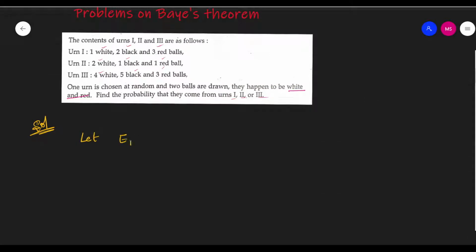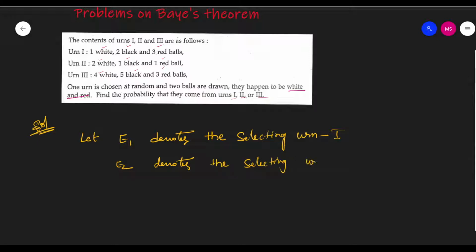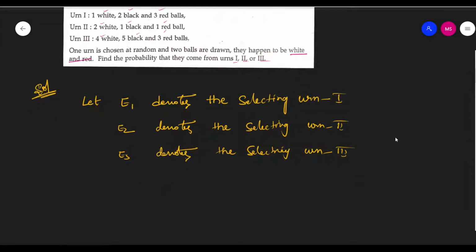Let E1 denote selecting urn 1, E2 denote selecting urn 2, and E3 denote selecting urn 3.